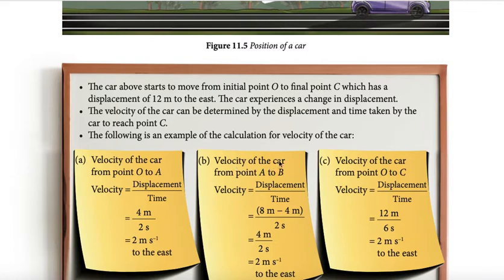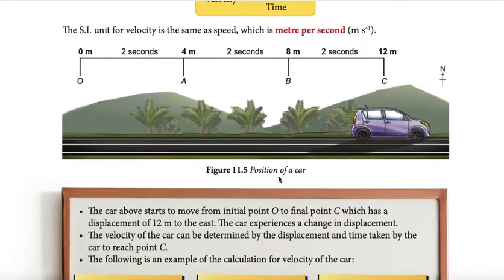B. Velocity of the car from point A to B. To get the displacement from point A to point B, we need to minus the displacement at point B here and at point A here in order to get the displacement here.